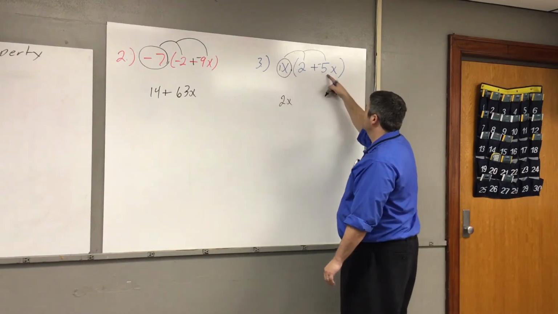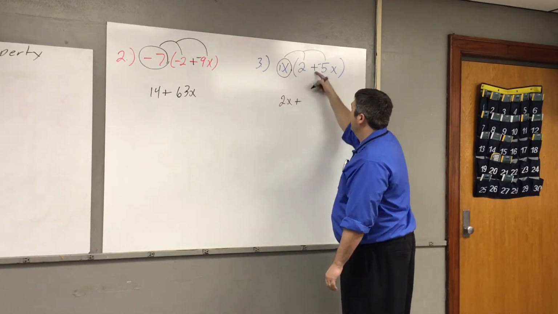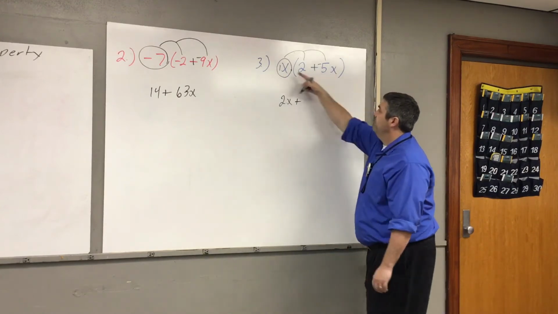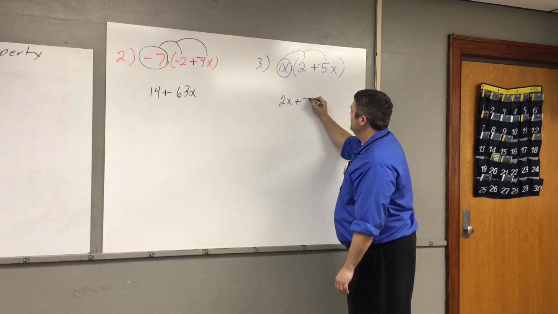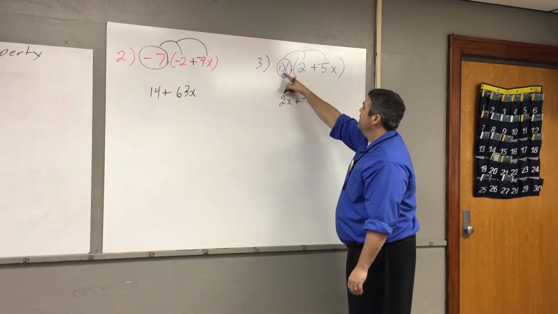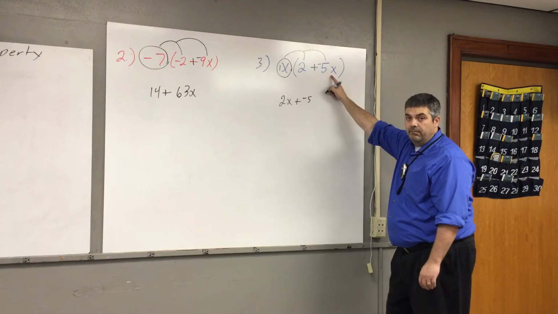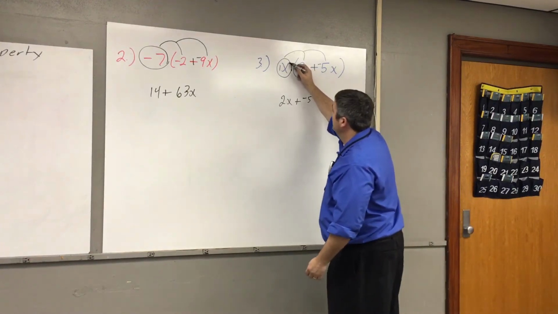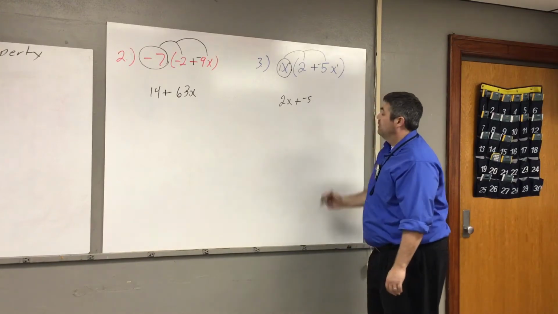Now, take this and multiply it times this. I brought that down, plus. So now I'm going to multiply this times this. Well, negative 5 times 1 gets me negative 5. But then I got this x times this x. All right, exponent rules. X to the first and x to the first.